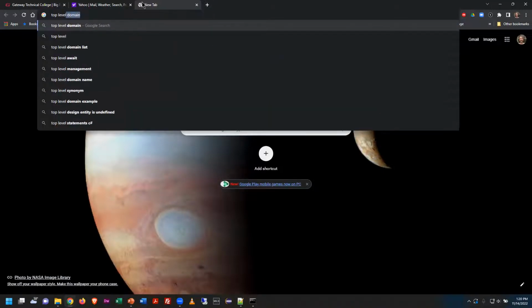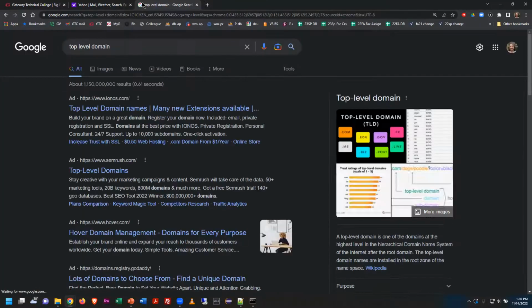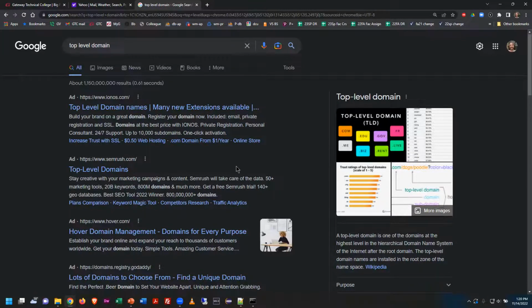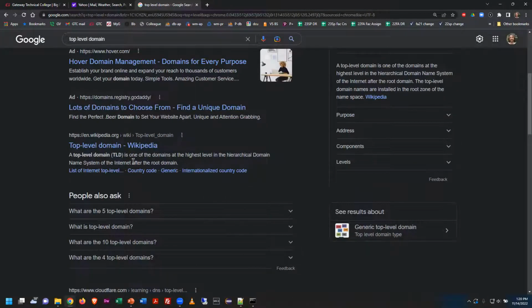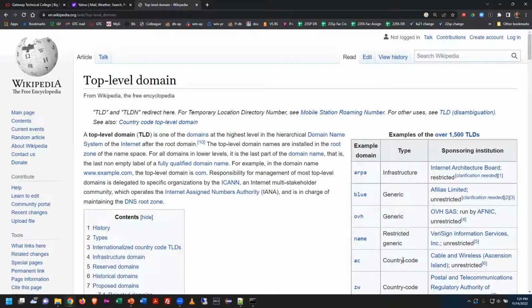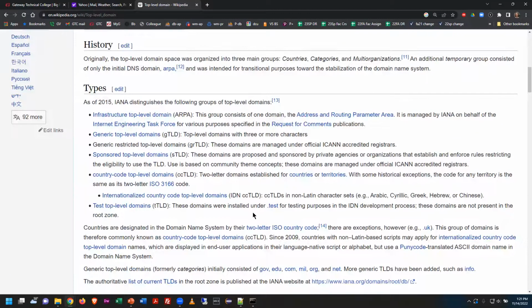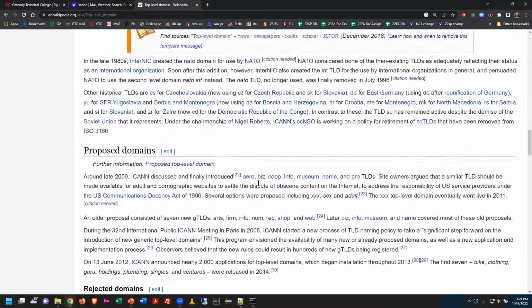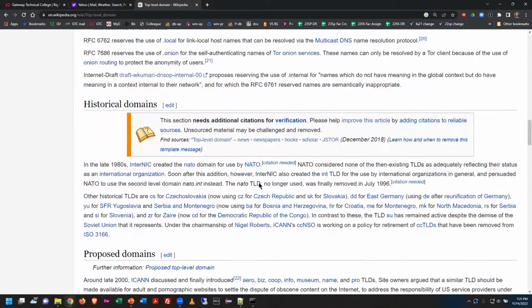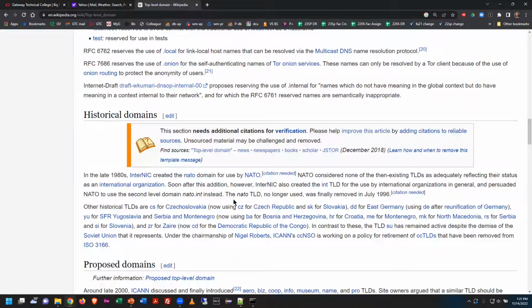So if you just go out to Google and you Google top-level domains, and instead of going to all these ad-driven sites, just go to Wikipedia here, all right? And there's kind of a history that goes with this. The reason that I kind of bring this up is because I think it's pretty important to know this.